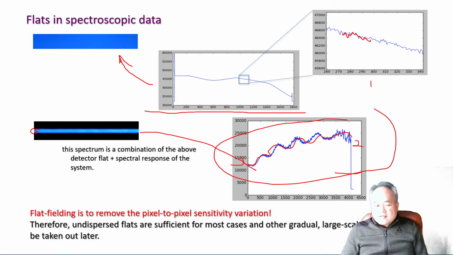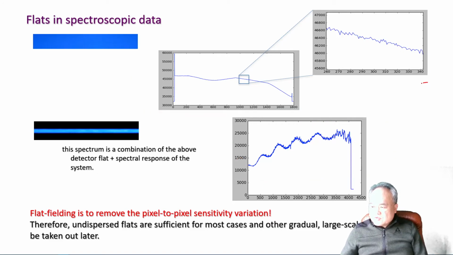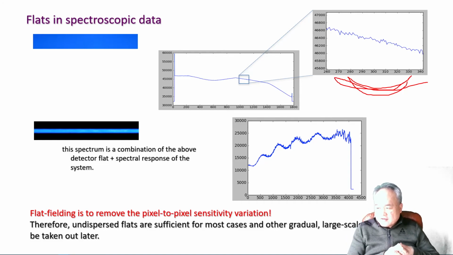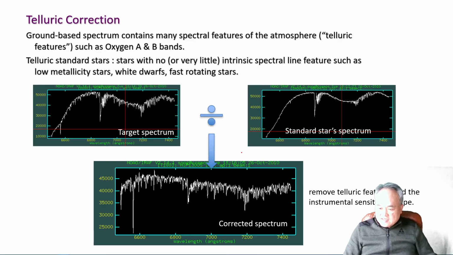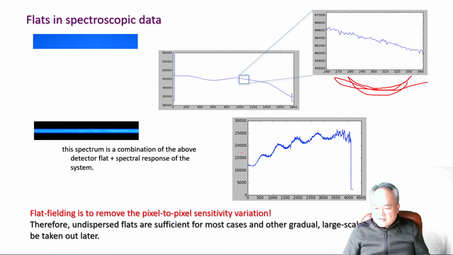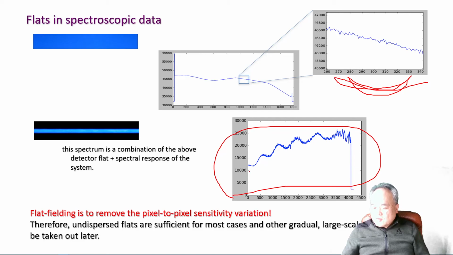But in typical spectroscopy observations, astronomers are only focusing on the pixel to pixel sensitivity variation correction. Why? Because as we have seen in the previous case, such as the telluric correction, this can eliminate this overall spectroscopic sensitivity variation as well.